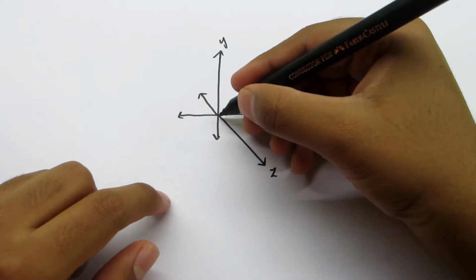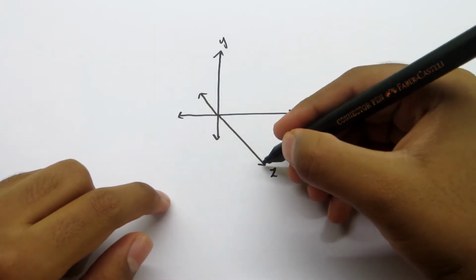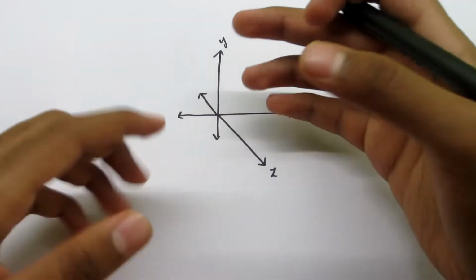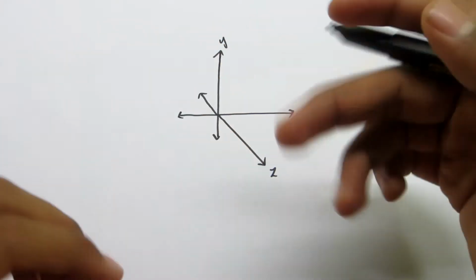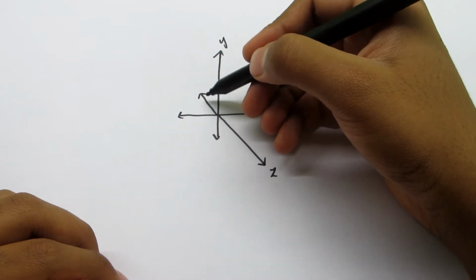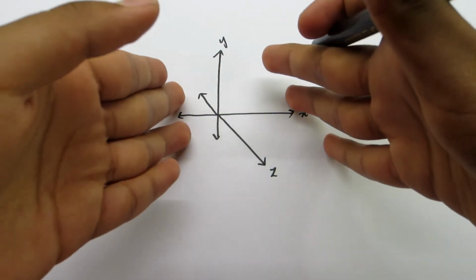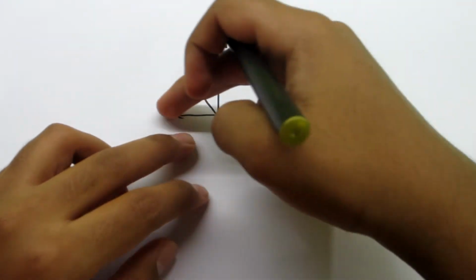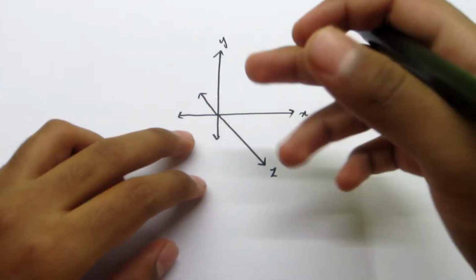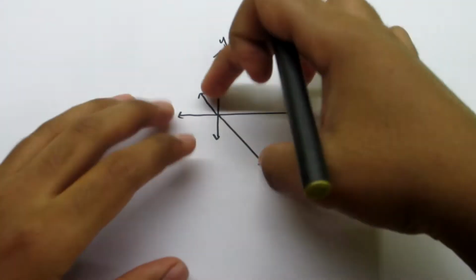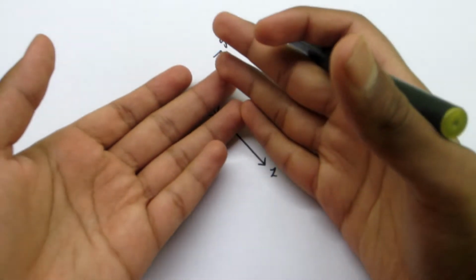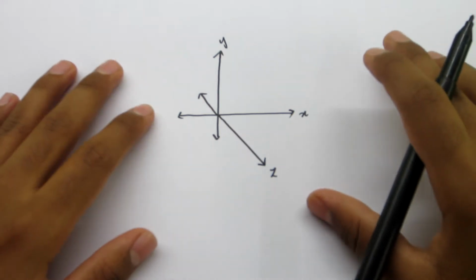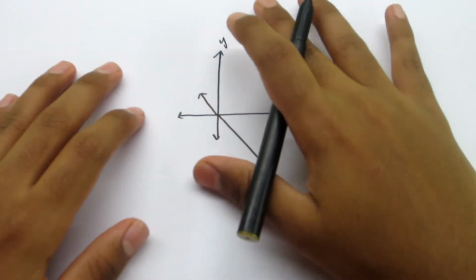This part of the line is coming out of the screen towards your face, and this part that's behind is going into the screen underneath it. This line is horizontal, and this Y line is vertical, but the Z line is coming out towards your face, and the bottom part is going underneath the book. Okay, so now these three lines are the three axes.